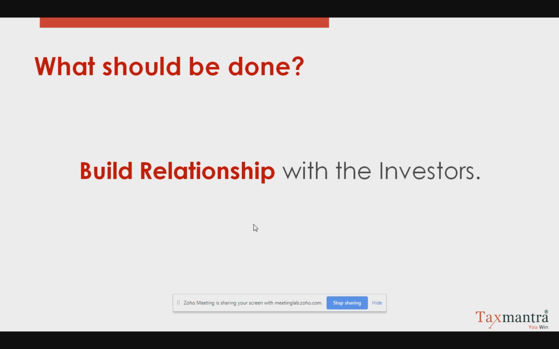Otherwise, a lot of times it has happened that after successful due diligence, the investment has failed. In case of failed due diligence, there are hardly any chances that you would be able to raise funds. But even in case of successful due diligence, the investments have failed. So it is very important that you build a good relationship with the investors.